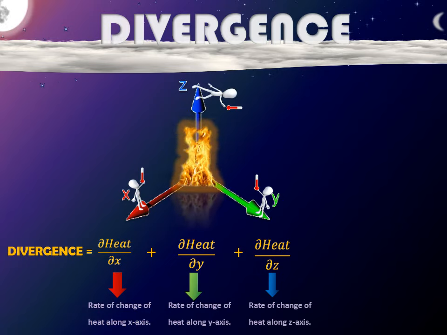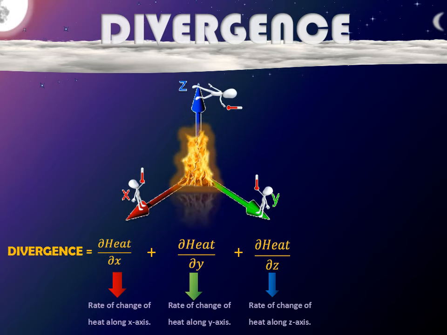It's not necessary that when you're moving away from the source, you move in only one direction. For example, you can take a path away from the fire such that it includes change in the x-axis, it includes change in the y component, the y coordinate, and along the z component. Let's say a fire is burning on one side of the room, in one corner of the room, and you move diagonally to the opposite corner of the room.